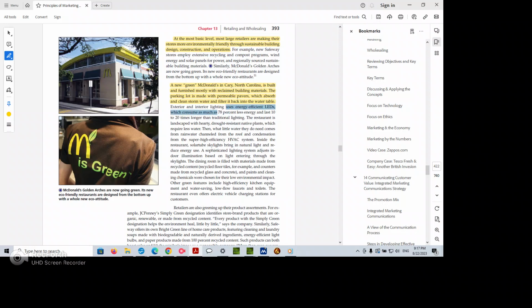So you have everything from energy efficient LEDs. They consume as much as 78% less energy and last 10 to 20 times longer than traditional lighting. Also, you have super high efficiency HVAC systems inside the restaurant, and solar skylights as well that bring natural light into the building to reduce energy use.